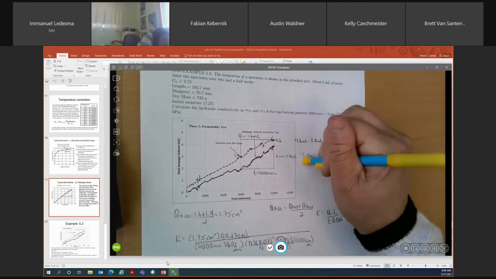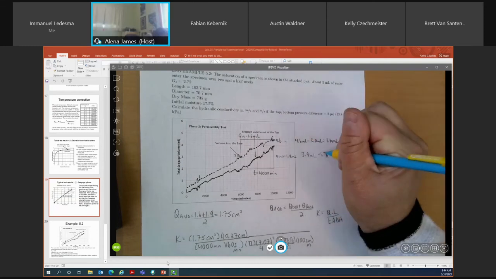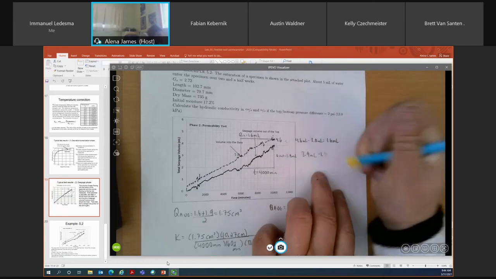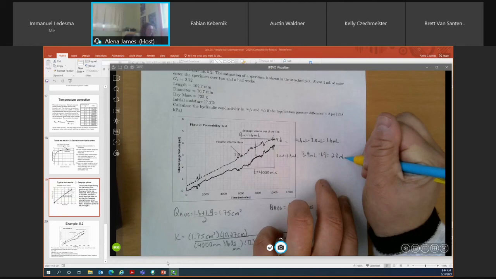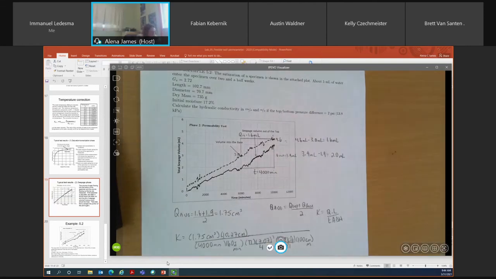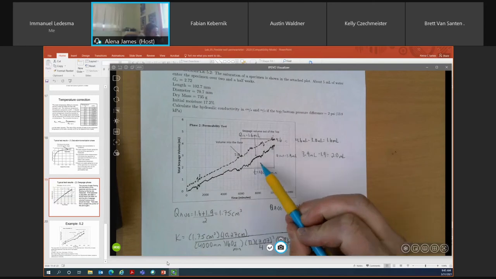And that's probably about 3.9. 3.9 minus 1.9. There's a bit of interpretation with this, so we'll say it's about 2 milliliters difference over this 4,000 minute time period for the volume of water out of the top of the specimen.